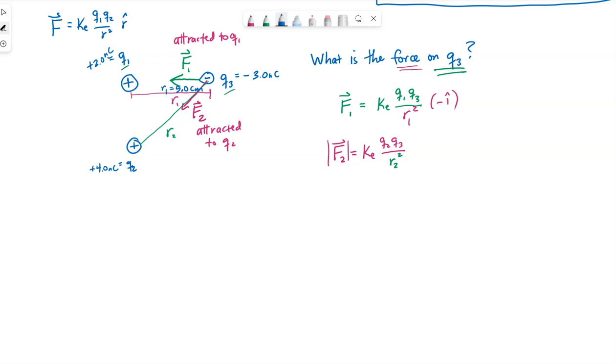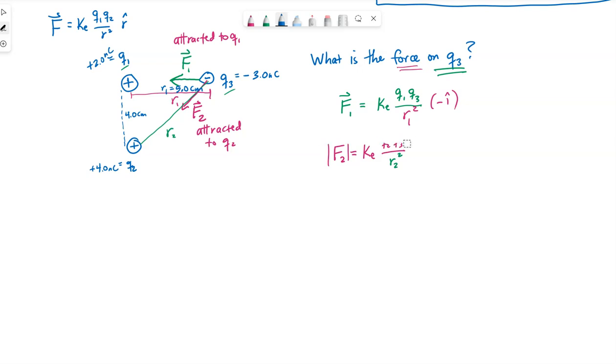And let's make this distance between Q1 and Q2, let's make it 4 centimeters. It looks a little bit closer than the top line.